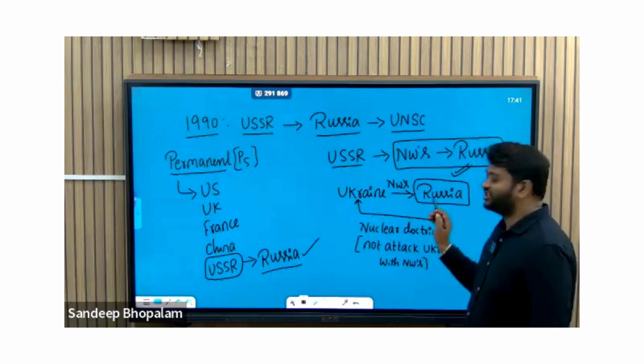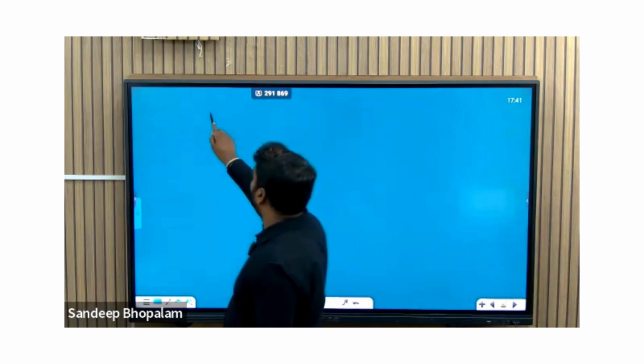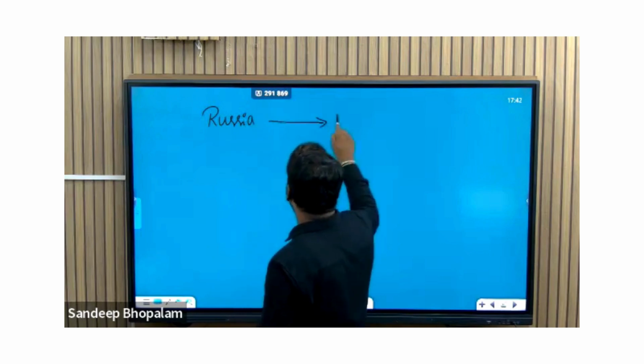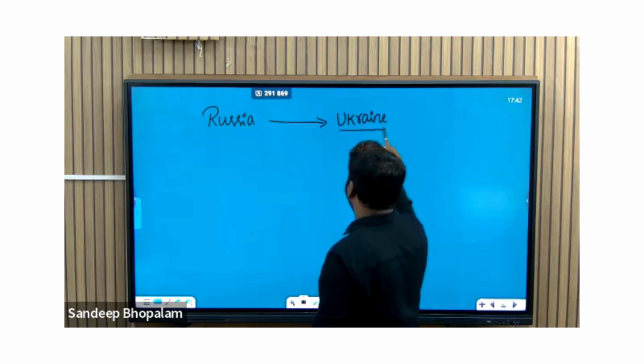Who has told? Russia has told. And then now what has happened? Russia has attacked Ukraine. As you're aware, Russia has attacked Ukraine.